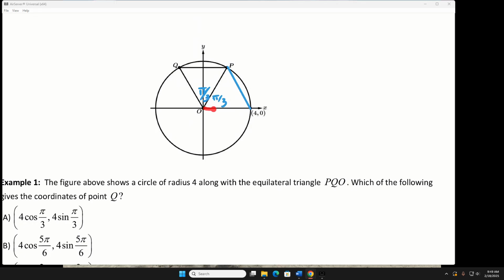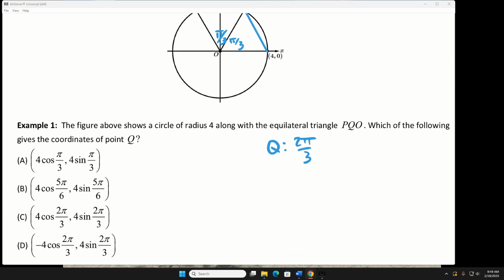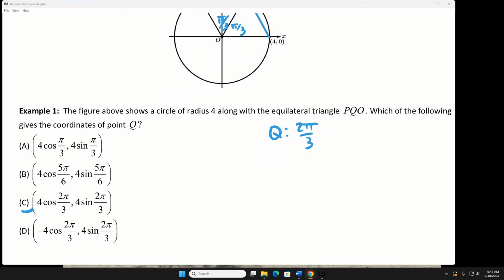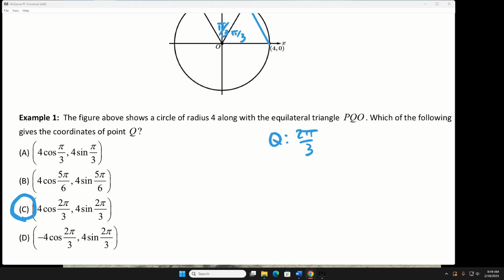You need to think in terms of angles this year, which is a rotation from the positive x-axis to that line where Q is. What would that angle be? 2/3 pi. So which choice do you think it is? C, good job.